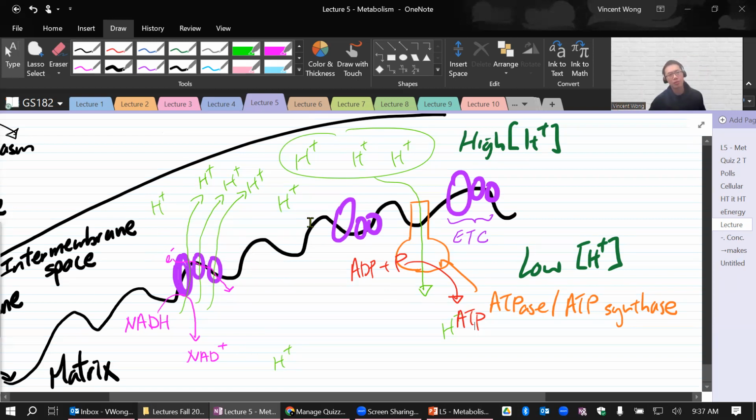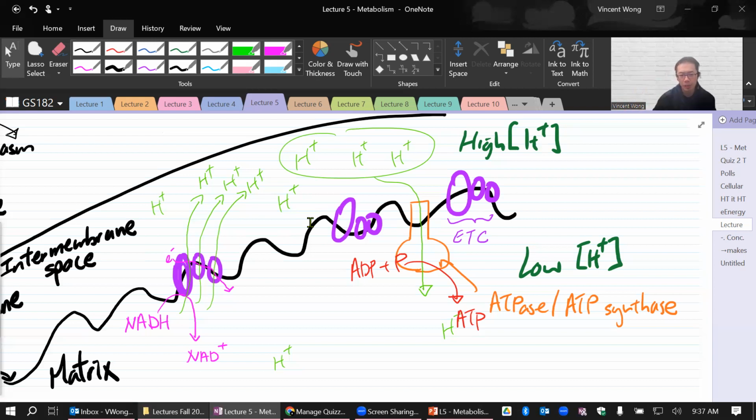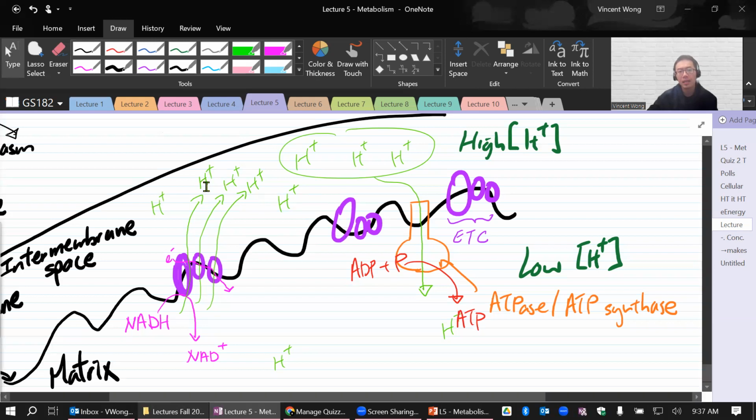We learned in lecture 4 that the membrane does not allow charged particles to go through. So the only way to come back into the matrix is through this special protein called the ATPase, or sometimes ATP synthase, depending on what you're reading. And as the H+ goes through the ATPase, it turns the enzyme, which then adds the phosphate onto the ADP, and then it creates ATP.